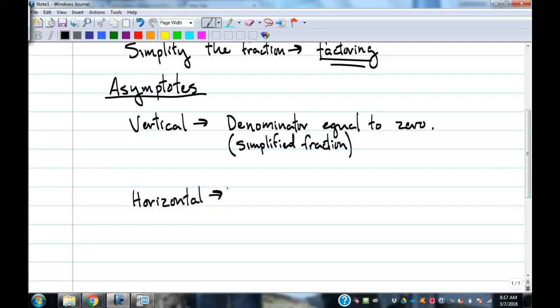Horizontal asymptotes. Here's one of the rules that makes those occur.